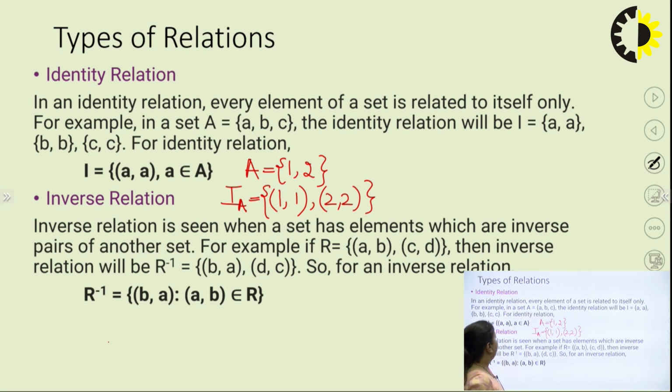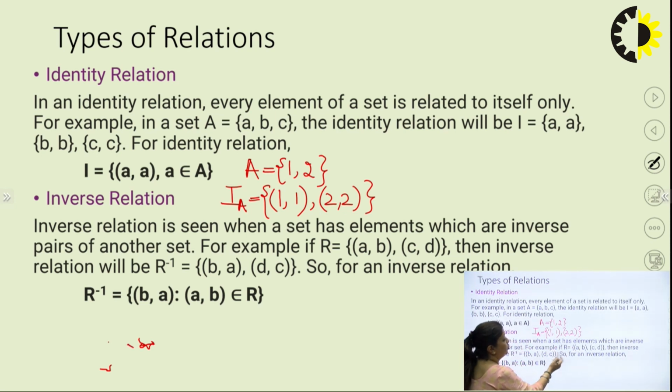Now talking about the inverse of a relation. Inverse of a relation is seen as a set that has elements which are inverse pairs of another set. I'll take an example. If I have a relation R which contains the elements (a, b) and (c, d), then its inverse will contain the same elements, but the order in which they occur will just be inverted.